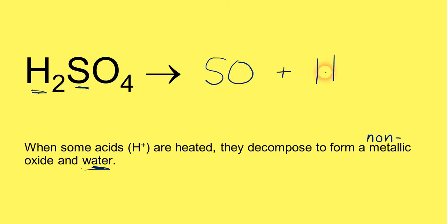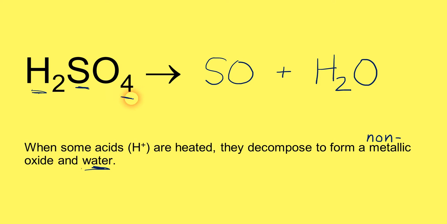That's H2O. Now, how many oxygens are going to be in that non-metallic oxide? Well, once again, just like when we were forming acids a little bit earlier, this is kind of a hard rule to follow. Basically, it's hard to tell, but usually for our examples, the number of oxygens on the reactant side will be equal to the oxygens on the product side.